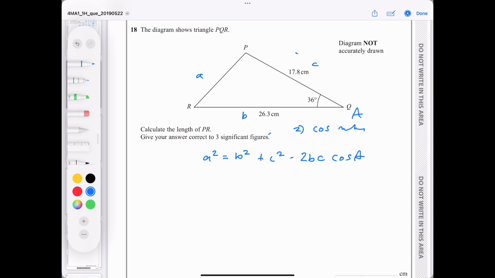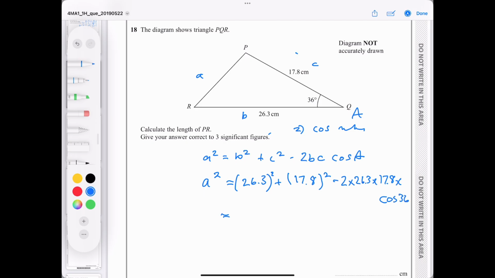So here we go. So a squared, you could actually just put everything into a square root, but I'm not going to do that, equals, let's go 26.3 squared plus 17.8 squared minus 2 times 26.3 times 17.8 times cos 36.